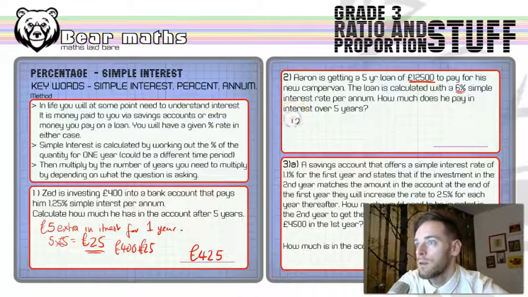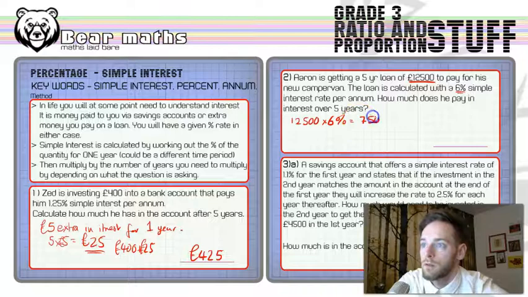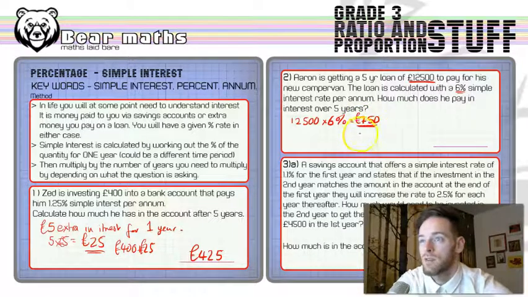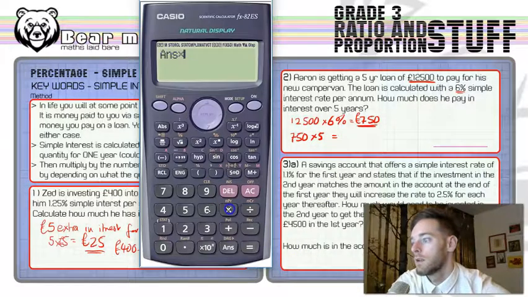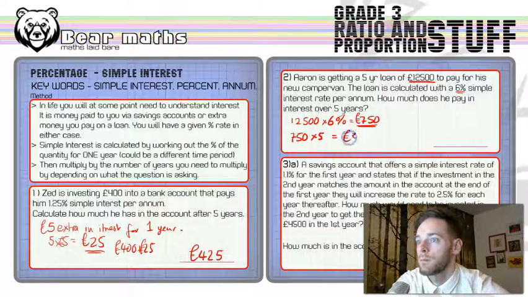So £12,500 multiplied by 6% is equal to 750 quid. So in 1 year, he's paying £750 interest. And it's over 5 years, so 750 multiplied by 5 is the calculation that we need to work out there. So just times that by 5. £3,750. There we go.